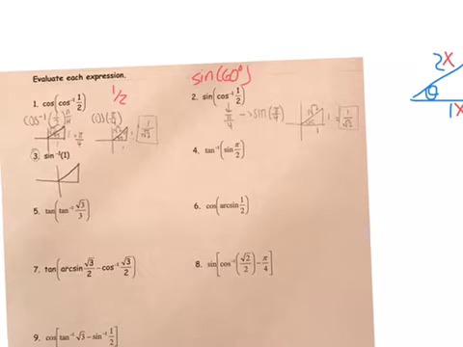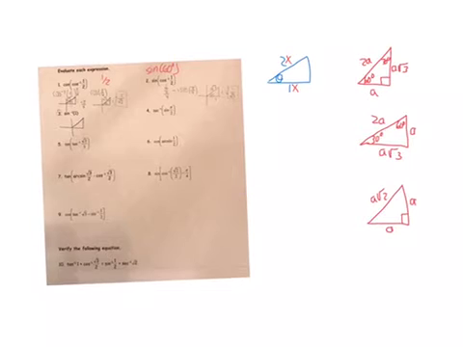What is sine of 60? Well, the good news is we have a nice 30, 60, 90 here to work with, and here's the 60 right here. We all know that sine is opposite over hypotenuse, so that would be A radical 3 over 2A, and then the A's would cancel, and that would leave us with radical 3 over 2.